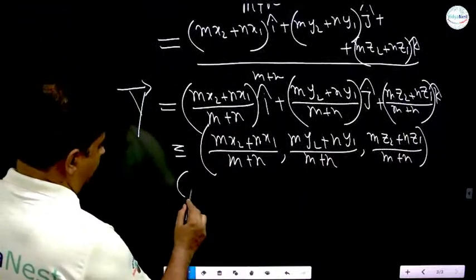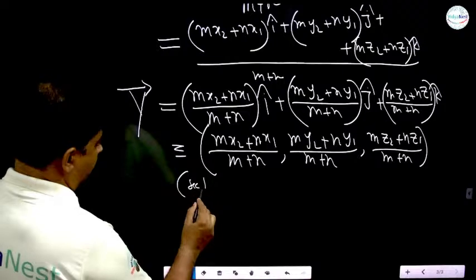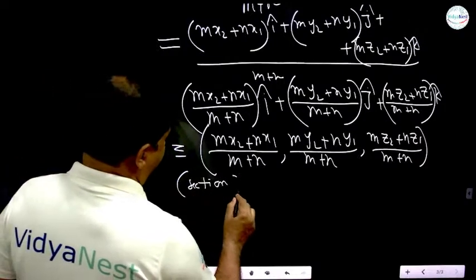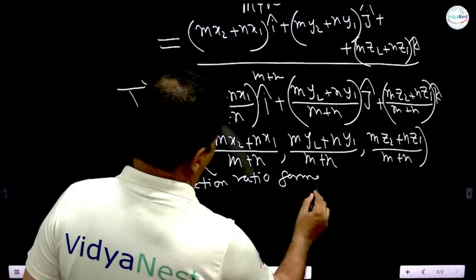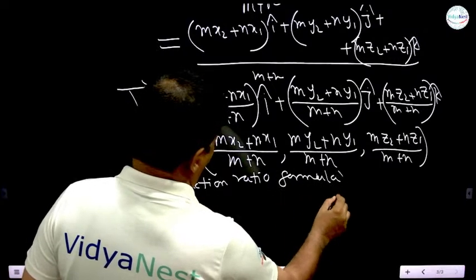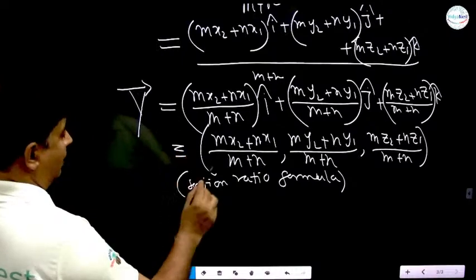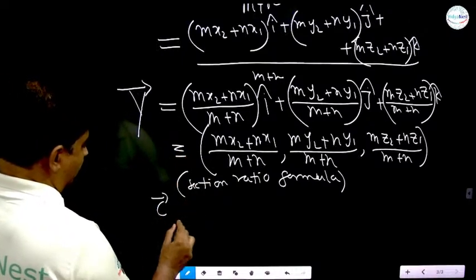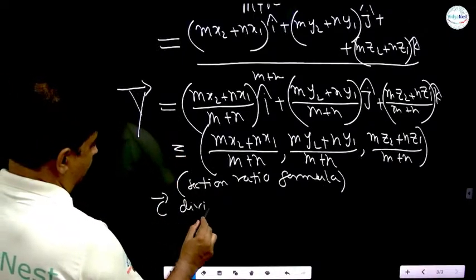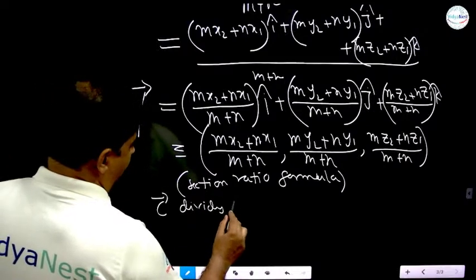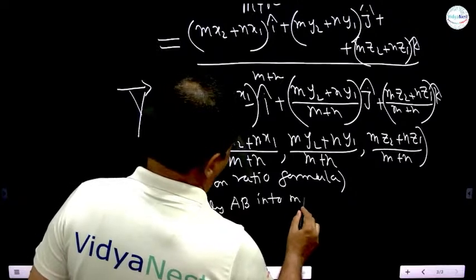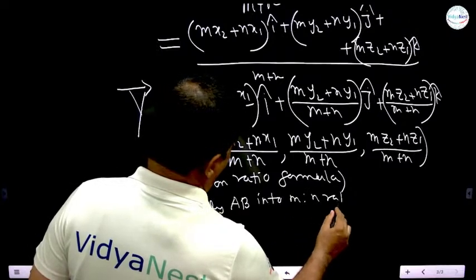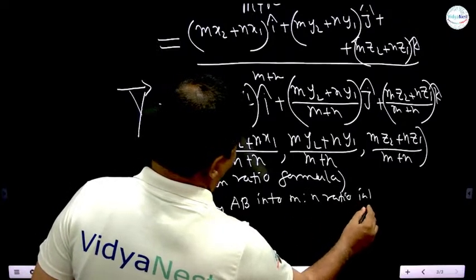This is called the section ratio formula. That means here C divides AB into m is to n ratio internally.